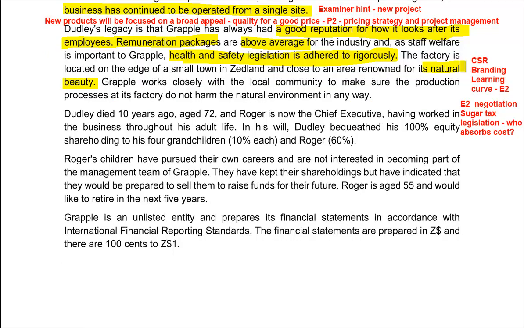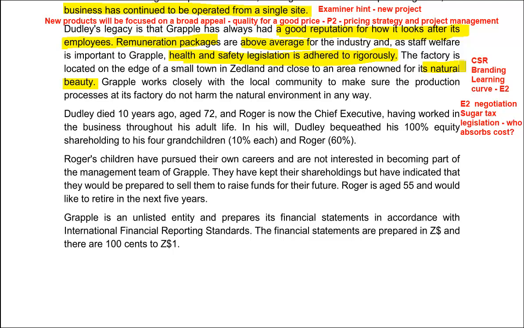So in this instance, we've already got another hint about potential legislation. Say, for example, there's some green belt legislation. That's where a government dictates that a certain area cannot be built upon to maintain natural beauty.